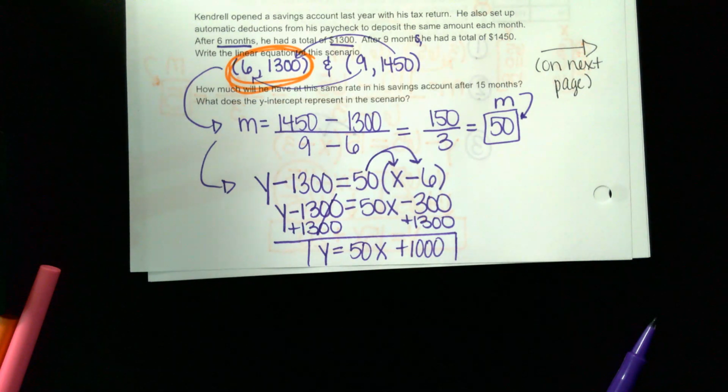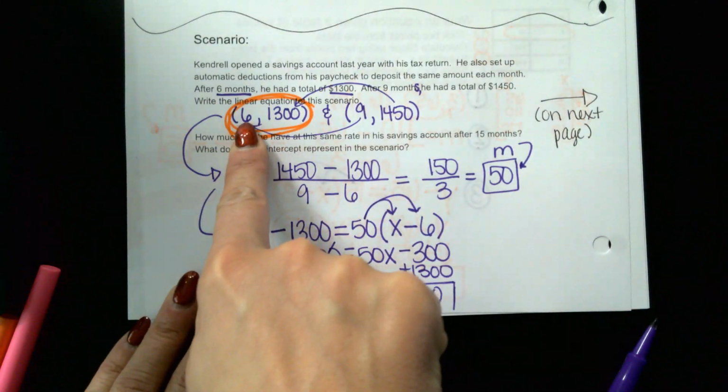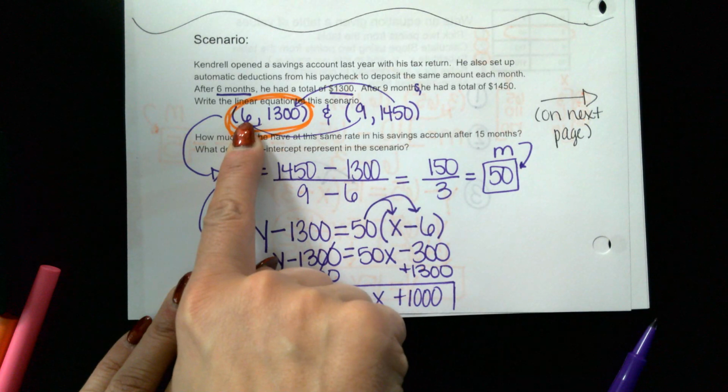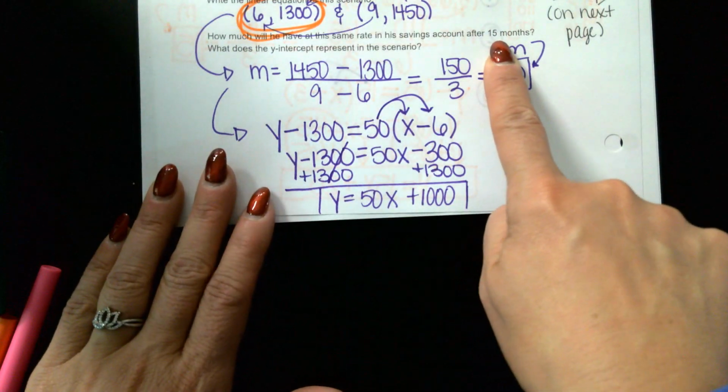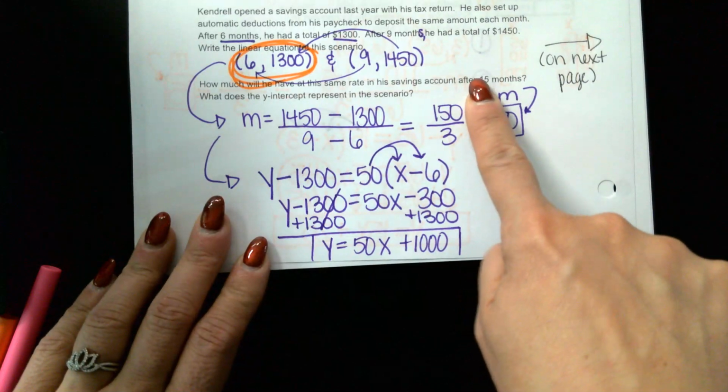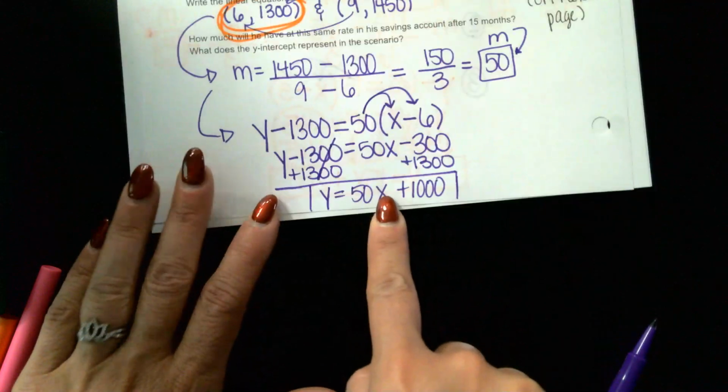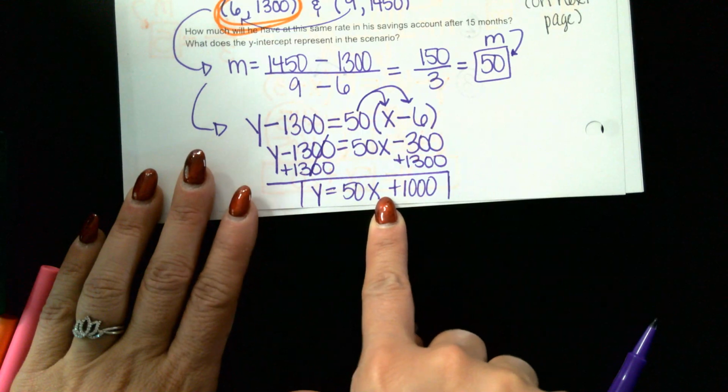Okay, listen, you guys need to focus. If the number of months represents x, and they've just given us 15 months, we plug the 15 in where the x is.